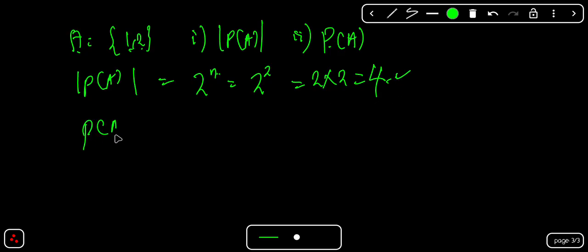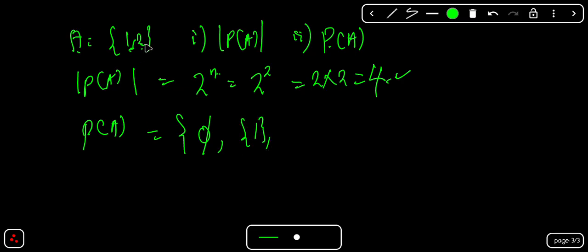Now let's do that. Power set of A will be equal to, don't forget, I said in my previous videos that an empty set is a subset of all sets. So we can say the empty set is a subset of {1, 2}. 1 is also a subset of {1, 2}.